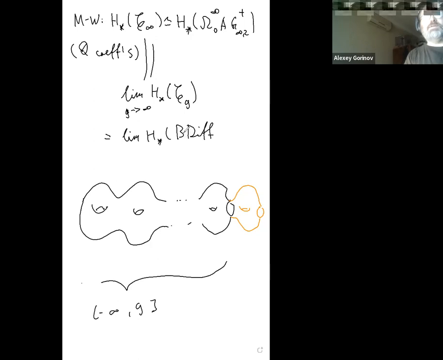Well, let me put a pi naught here. As we mentioned earlier, this doesn't really matter for G greater than or equal 2.